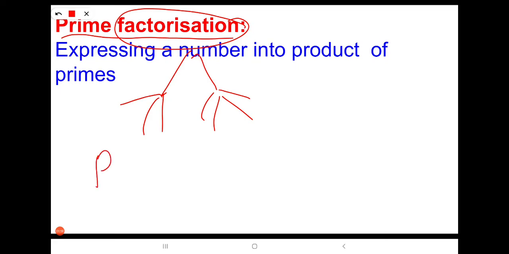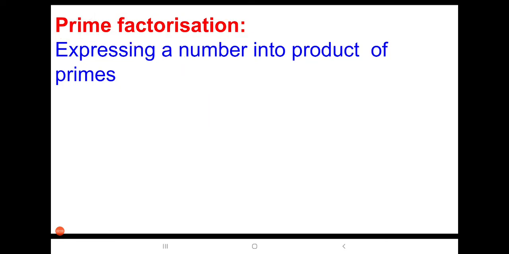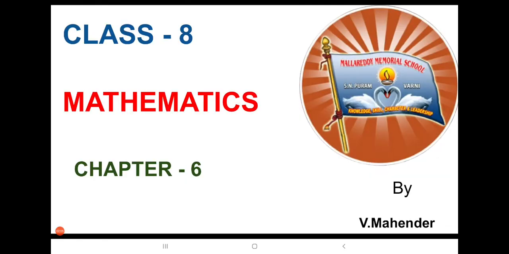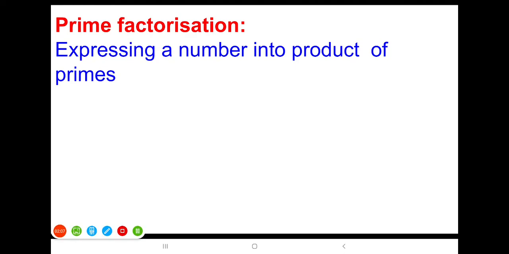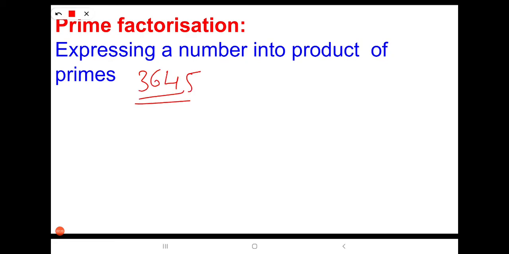So prime factorization is nothing but expressing a number as a product of primes. Let us understand this concept by taking one example. We have the number 3645, so let us find the factorization of 3645.